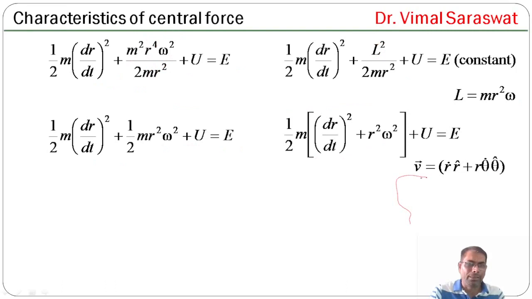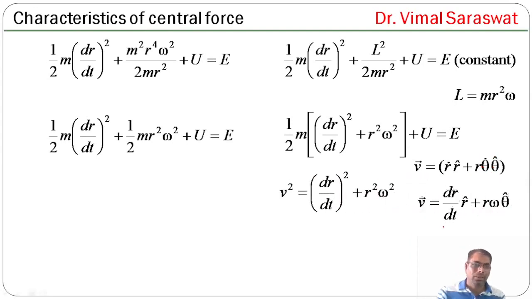In polar coordinates, vector v is actually r dot r cap plus r theta dot theta cap, or v equal to dr by dt r cap plus r omega theta cap, because this theta dot is actually omega. Now v dot v is v square, so v dot v will be dr by dt whole square plus r square theta dot square, and this is actually our v square.